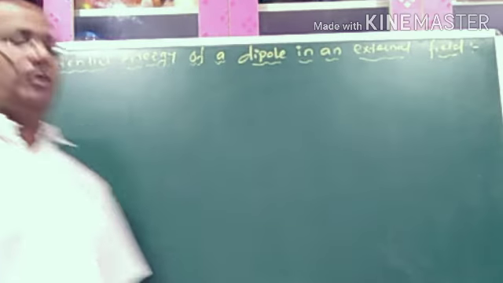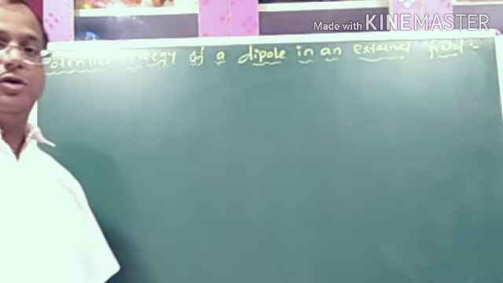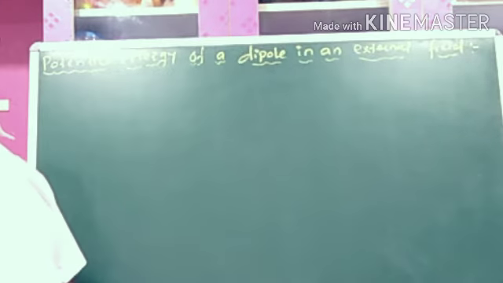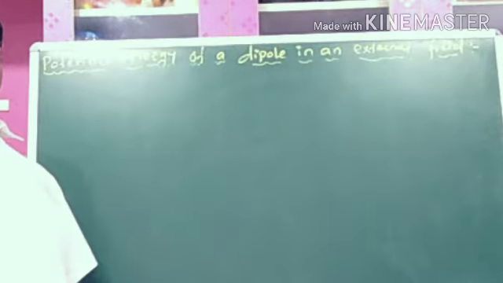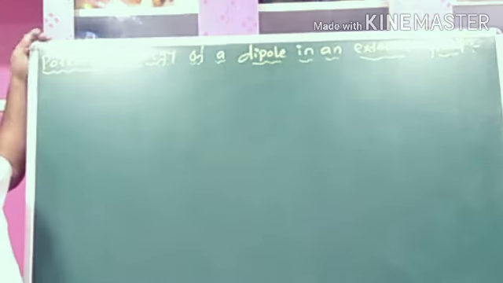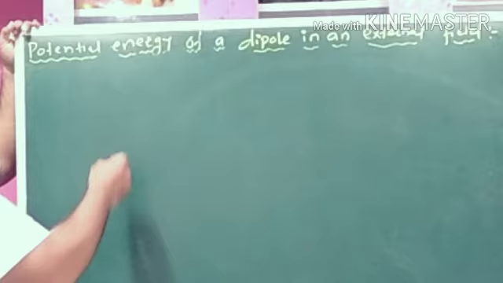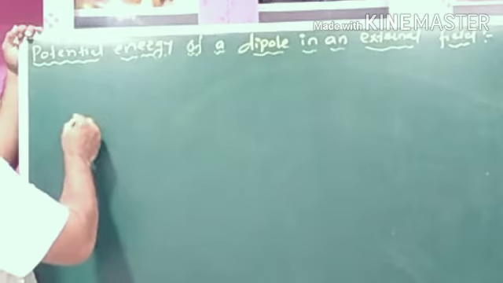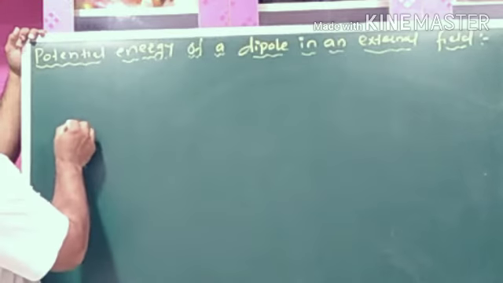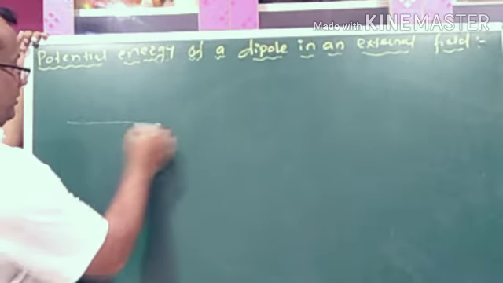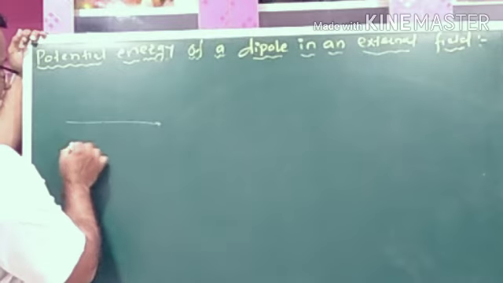Now we want to find out the potential energy of a dipole in an external field. For that, first we consider the electric field. Suppose this is the direction of the external electric field.